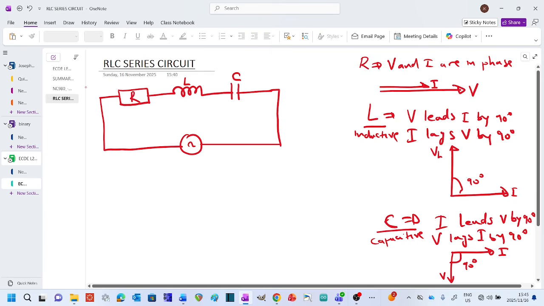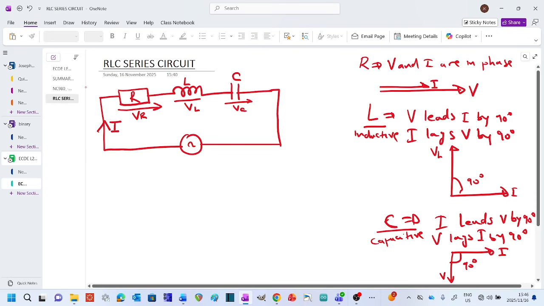So what do we know about any series circuit? We know that the current remains the same. That's our point of reference. That is going to be our horizontal vector. And in any series circuit, there is a voltage drop across each component connected to it. So we're going to have a VR, a VL, and a VC.